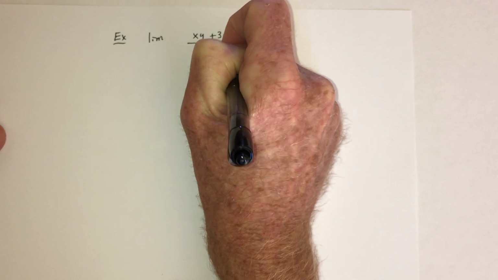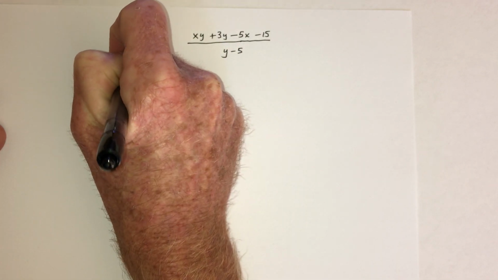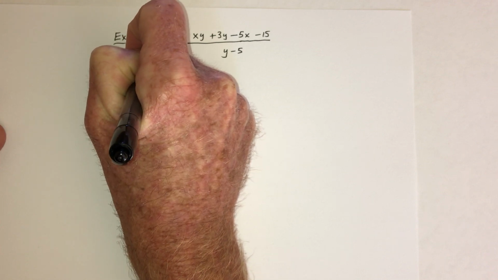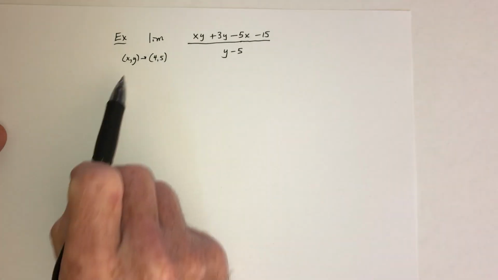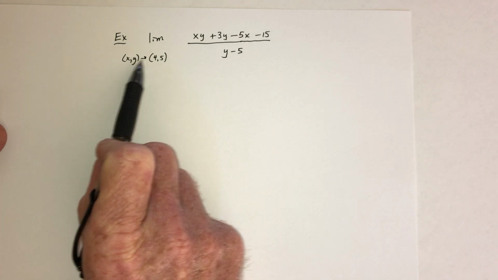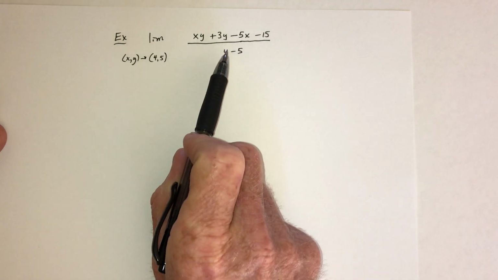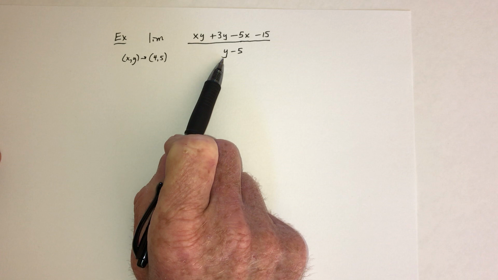The denominator is y minus 5. And then it's going to be as x and y go to 4, 5. So this is saying x is becoming a 4, y is becoming a 5. And of course right there, y becoming a 5 causes division by 0. So that's the first kind where we need to do algebra.